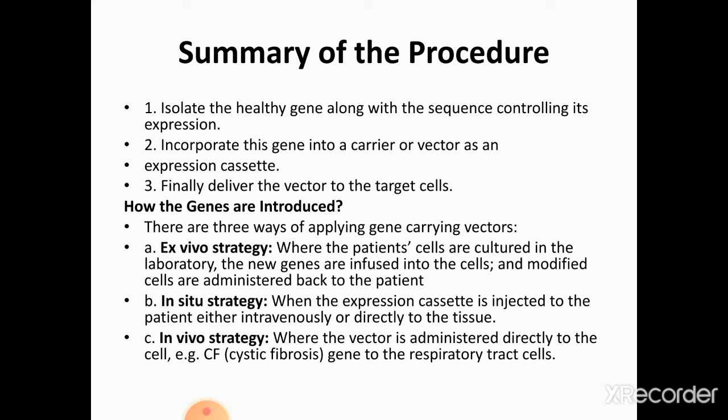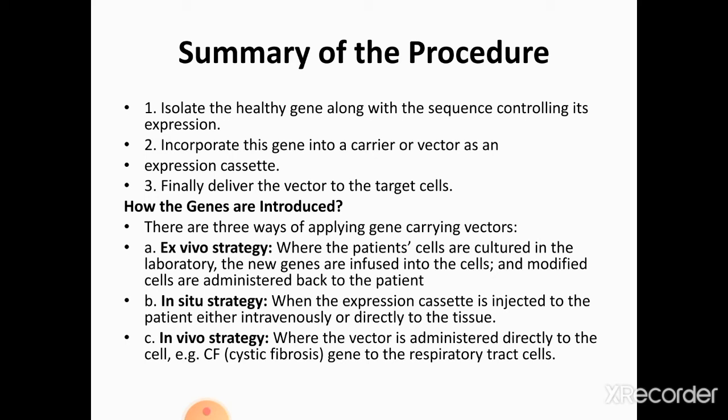Various methods: there are three ways, that is ex vivo, in situ and in vivo. In ex vivo, the patient's cells are cultured in the laboratory, the new genes are infused into the cells, and the modified cells are administered back to the patient. In situ, the expression cassette is injected into the patient either intravenously or directly into the tissue.